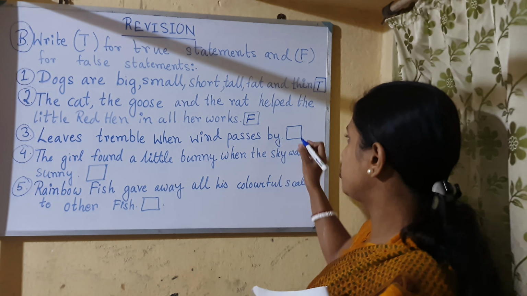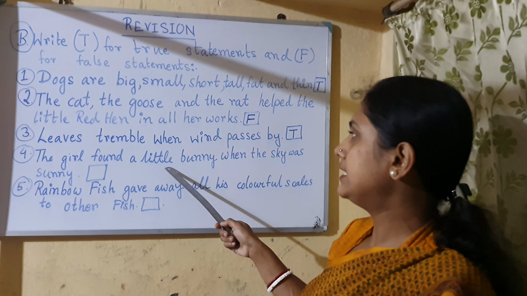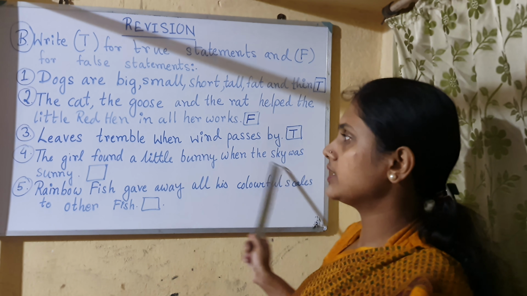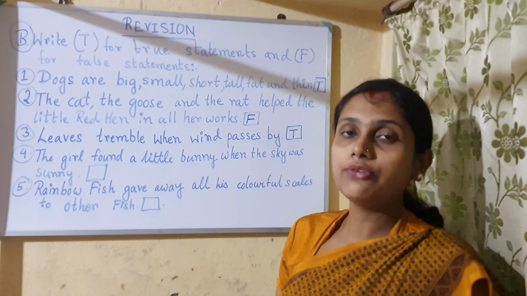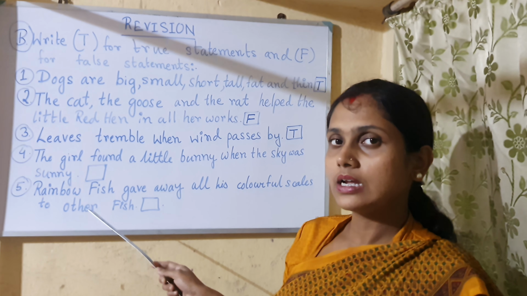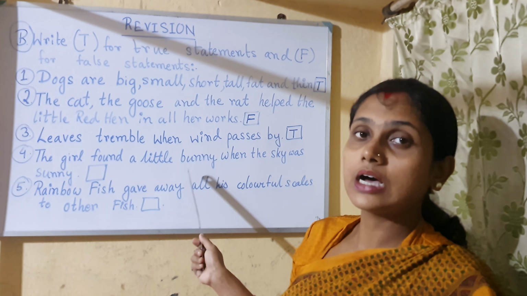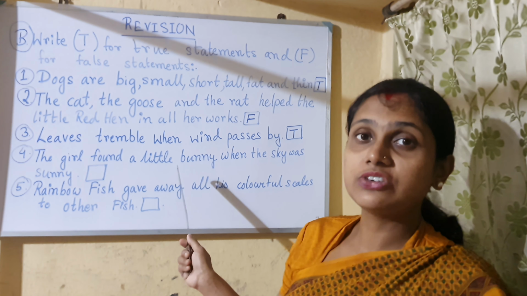The next sentence, number 4. The girl found a little bunny when the sky was sunny. Is it correct? When did the girl find the little bunny? When the girl was reading a funny book.